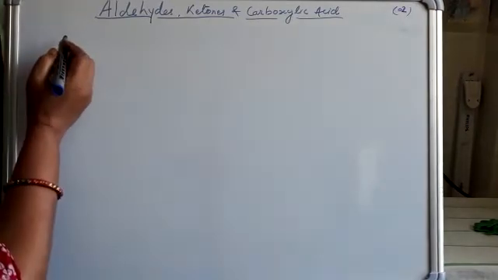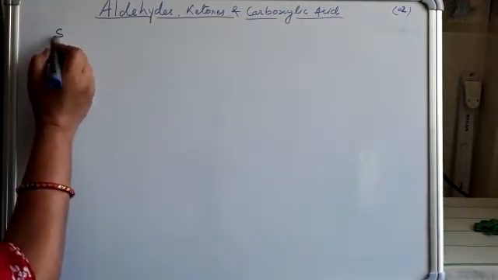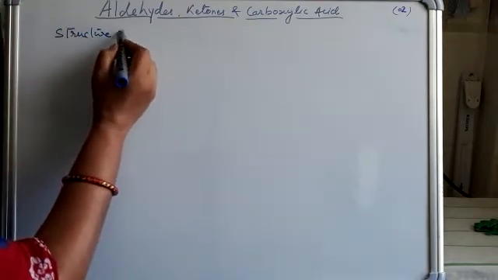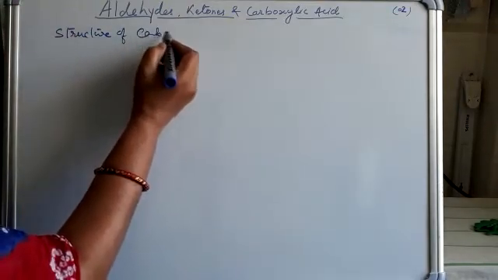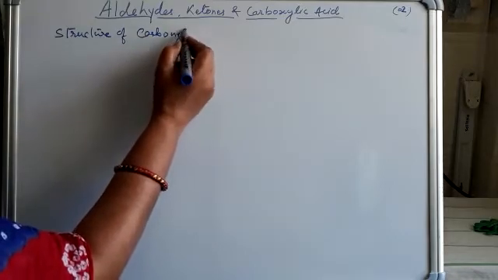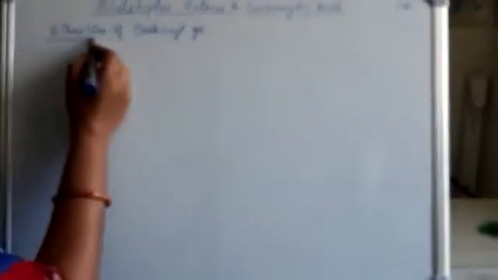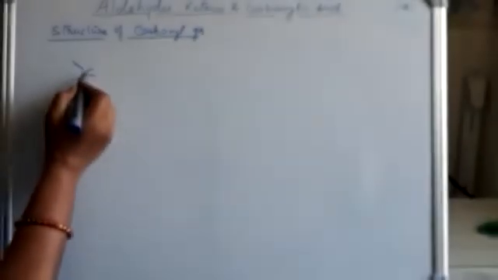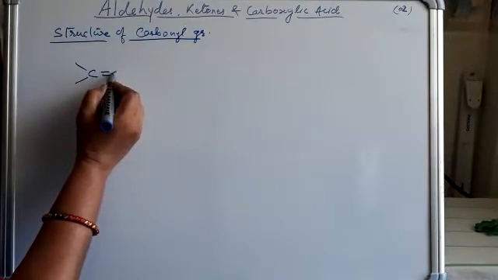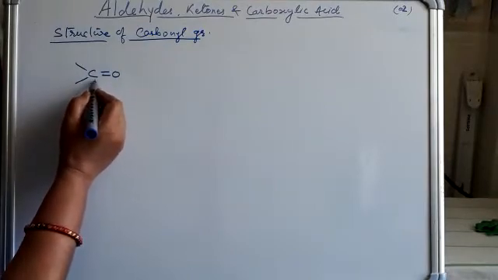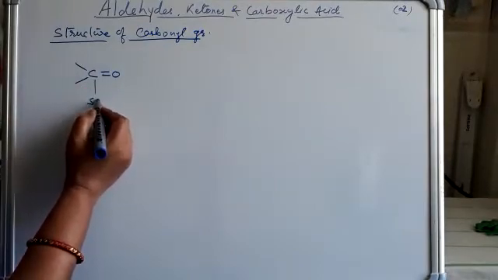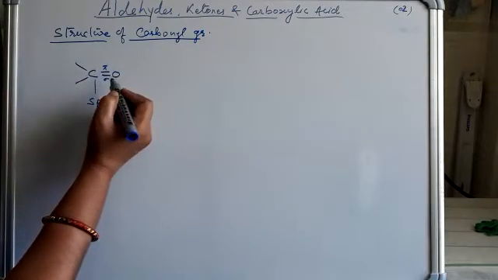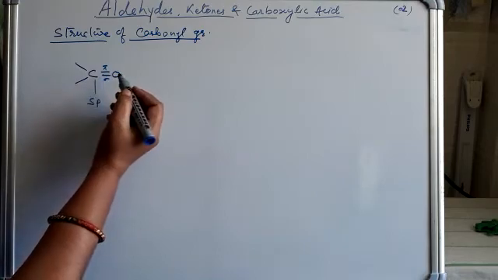Now, the structure of the carbonyl group. Carbon is attached with a double bond. Here the hybridization of carbon is sp2, and one pi bond and one sigma bond are present between carbon and oxygen.